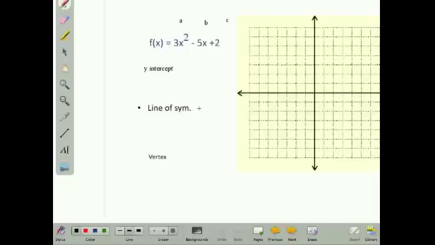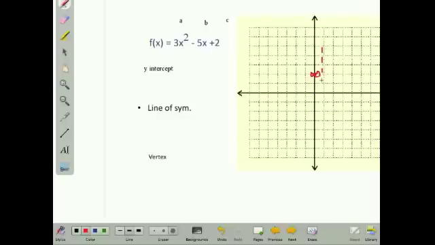So we've got our y-intercept at positive 2. I'm going to go ahead and plot a point right there. Let me make this a different color. My y-intercept is a positive 2. Remember that point was (0, 2). My line of symmetry is 5/6, so it's not quite positive 1.